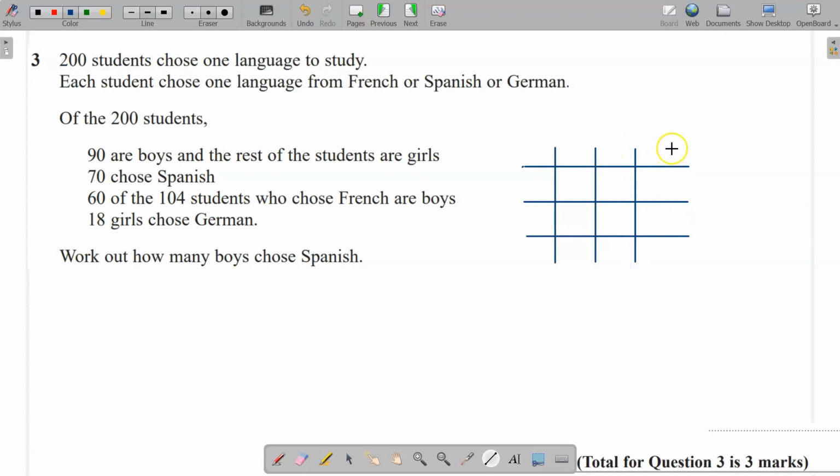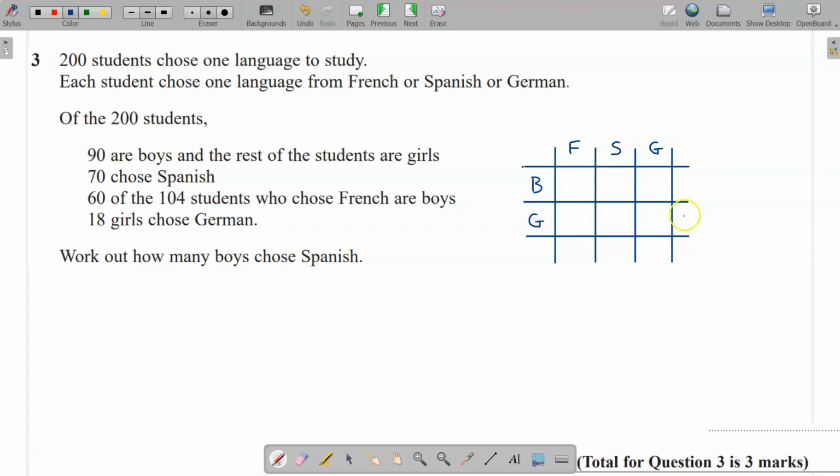Across the top we are going to have the languages French, Spanish and German. Along the side here we've got B for boys and G for girls.